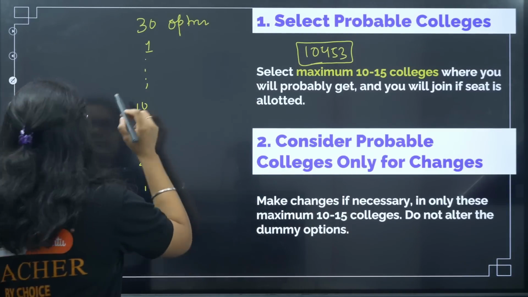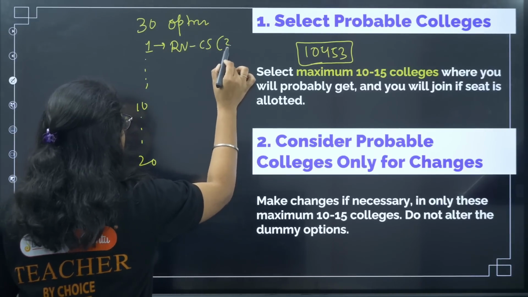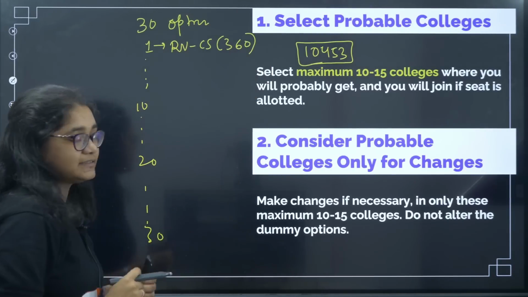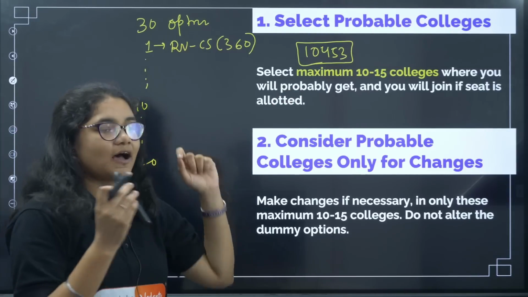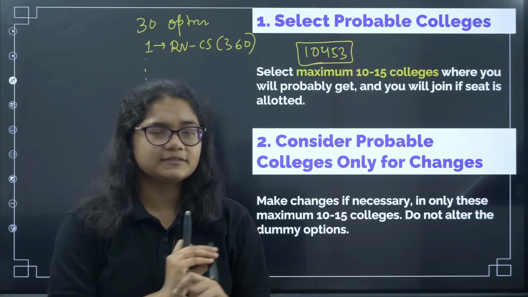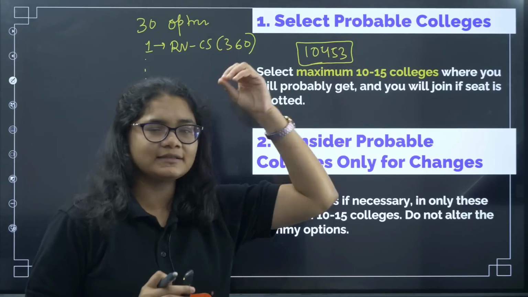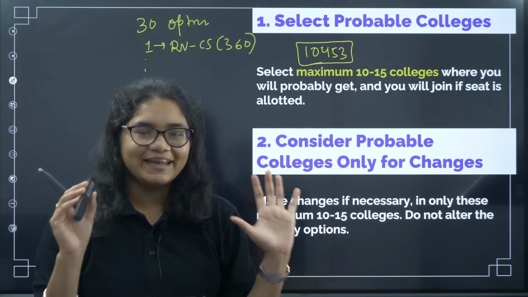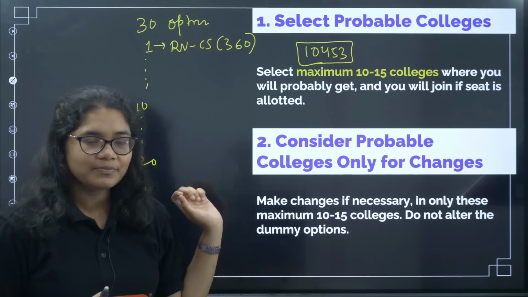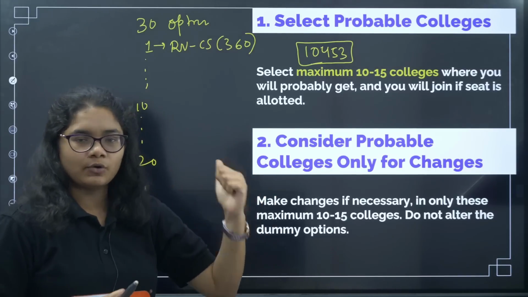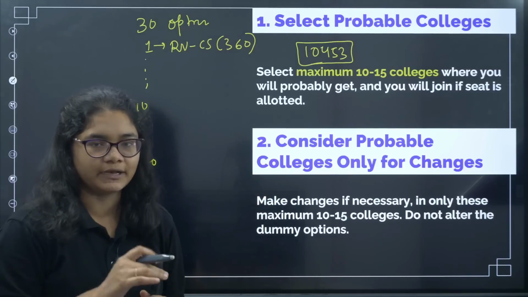Now your first option here is RV College CS branch, whose cutoff last year was 360. If you think about this RV College computer science branch, there is no possibility that you will be getting this college based on your rank unless some miracle happens, right? In normal circumstances there is no chance that you will get this college, but you have put it with the hope that we have to put the best options in our college option entry.